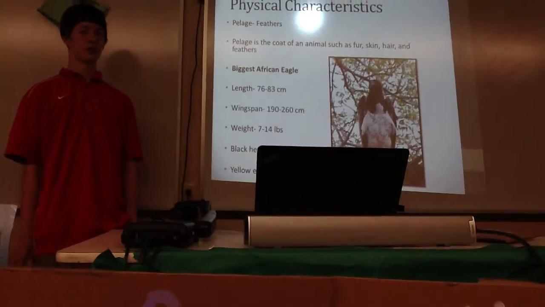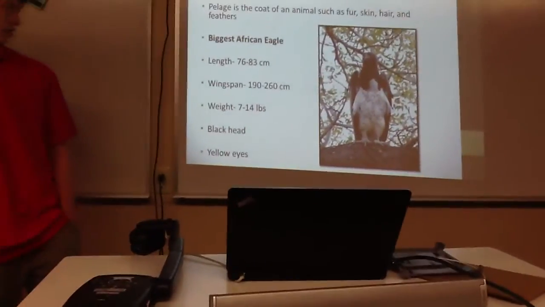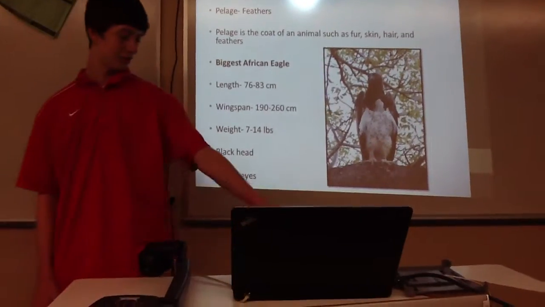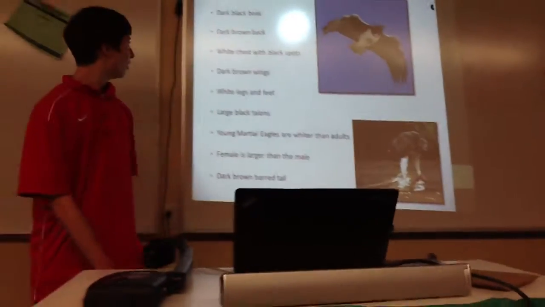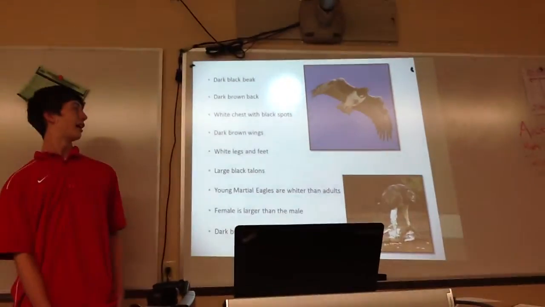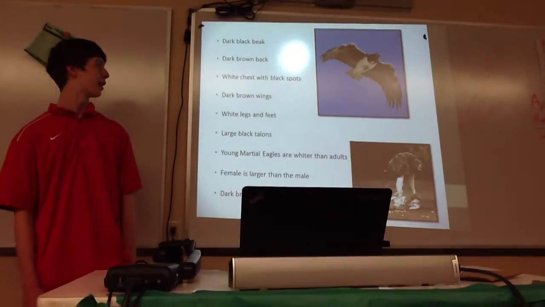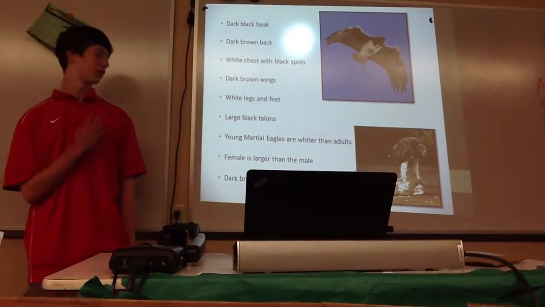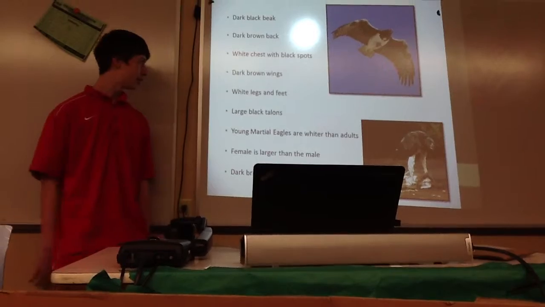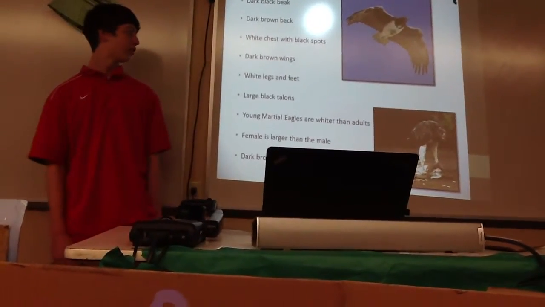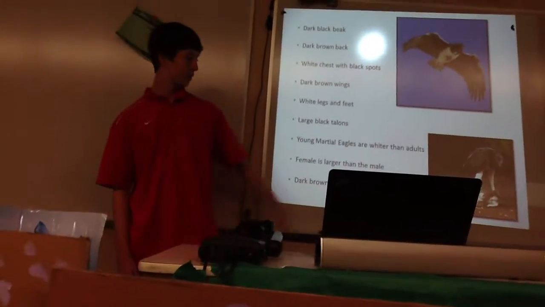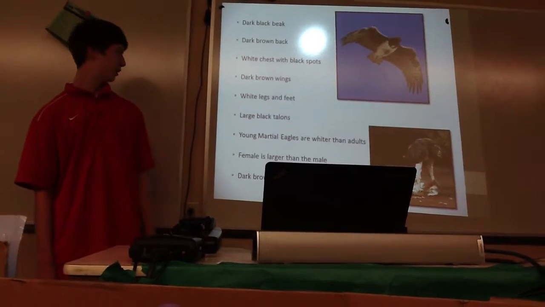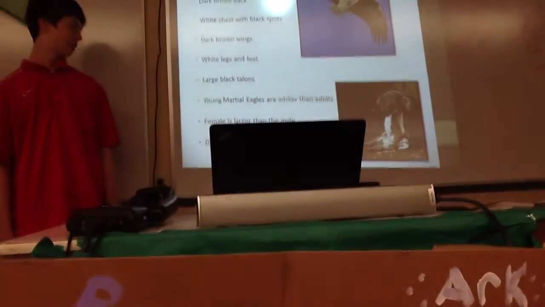Its weight is 7 to 14 pounds, and it has a black head and yellow eyes, as you can see. A dark black beak, dark brown back, white chest with black spots on them, dark brown wings, has white legs and feet, and has large black talons.